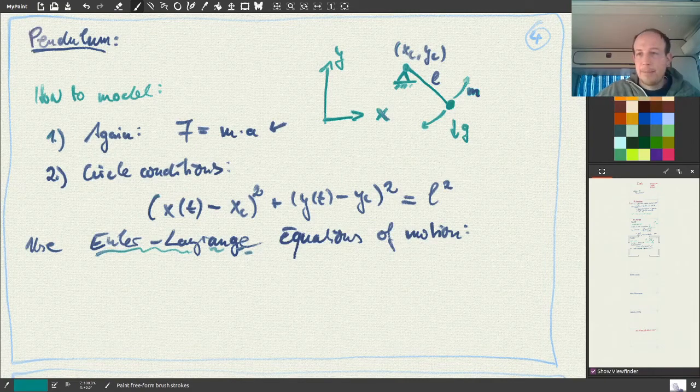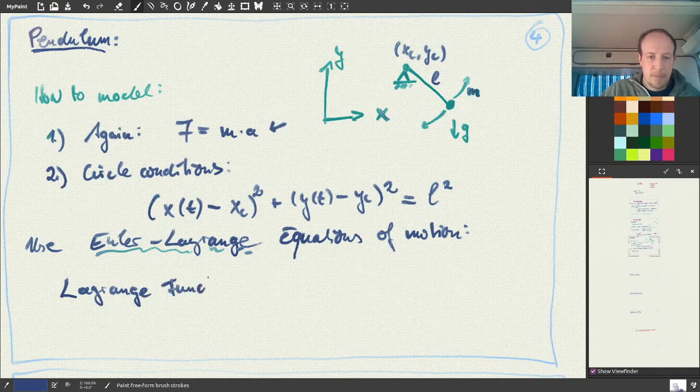For that, we will need the Lagrange function. So for that, the L function, Lagrange function L, and this is defined as the... okay.